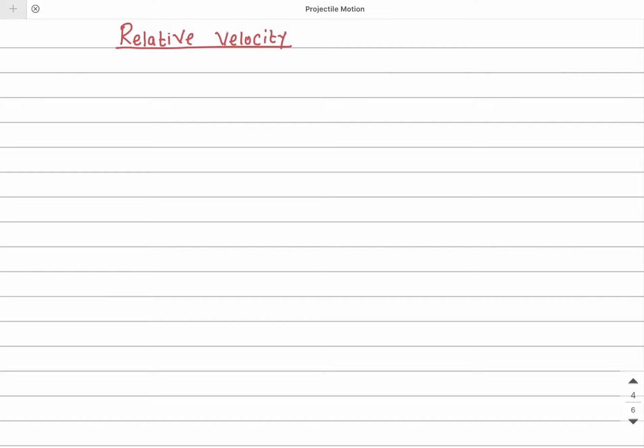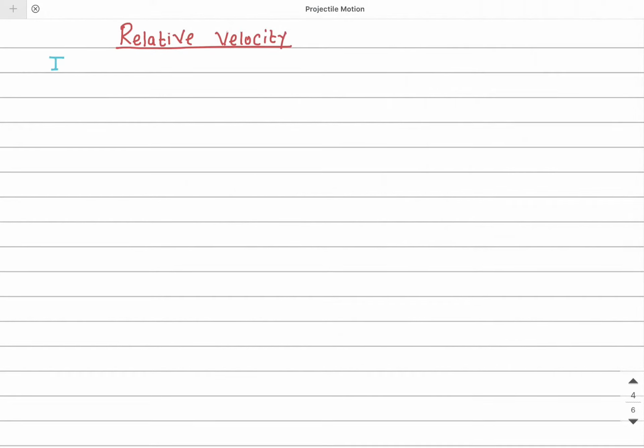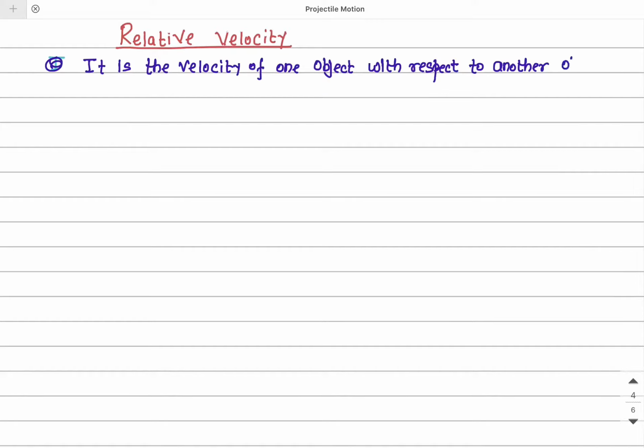Relative velocity is the velocity of one object with respect to another object. So let's assume we have a car.